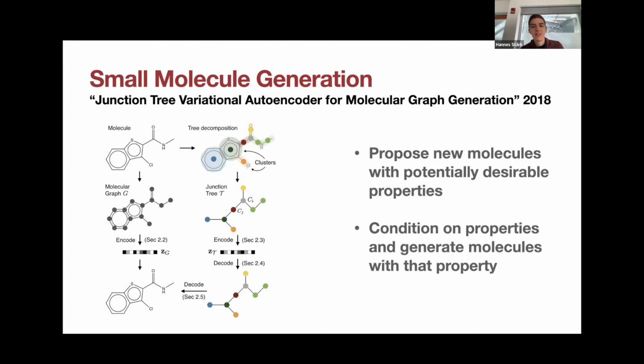And this is pretty exciting, because this way we can propose new molecules that we may have never even thought of or heard of, because the space of potential drug-like molecules is so vast. Some people say 10 to the 60 possibilities, right?